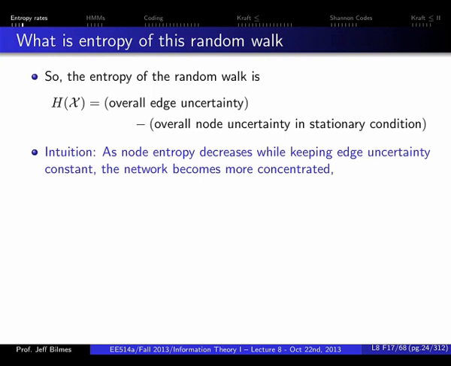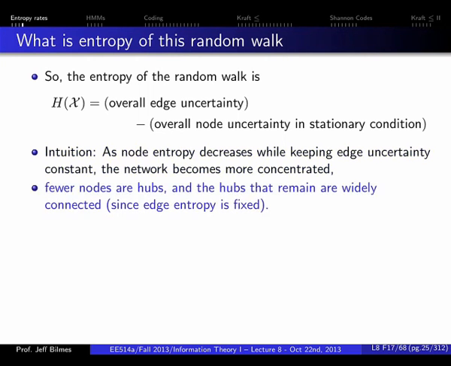Intuitively, it seems counterintuitive at first, because you say, wait a second, as I become more certain about the nodes, shouldn't that mean that I'm more certain about the overall stochastic process? And it turns out, no, it's actually not the case.